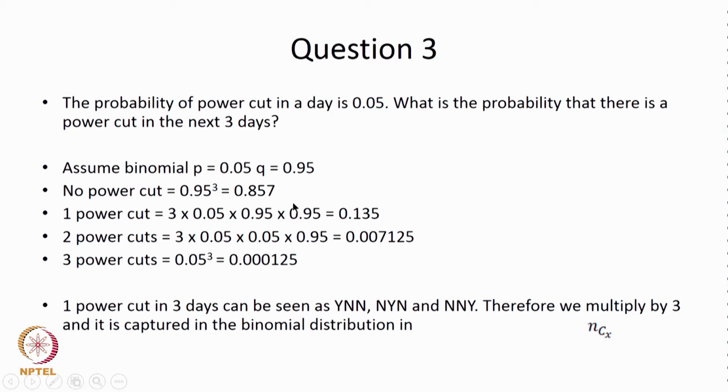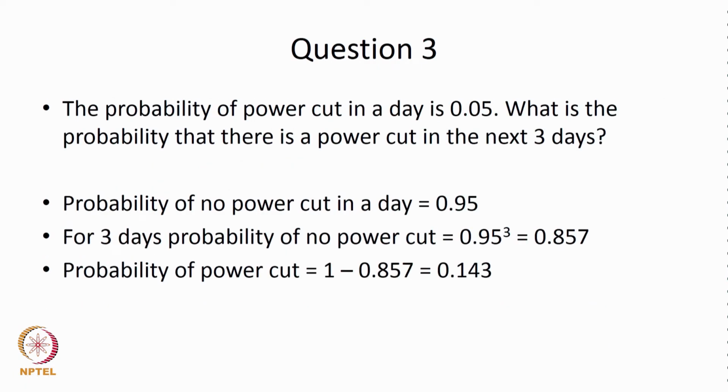So 1 minus 0.857, which is 0.143. So the same problem we now looked at using the binomial distribution, and the idea of 2 outcomes and the Bernoulli trial leads us to the binomial distribution.